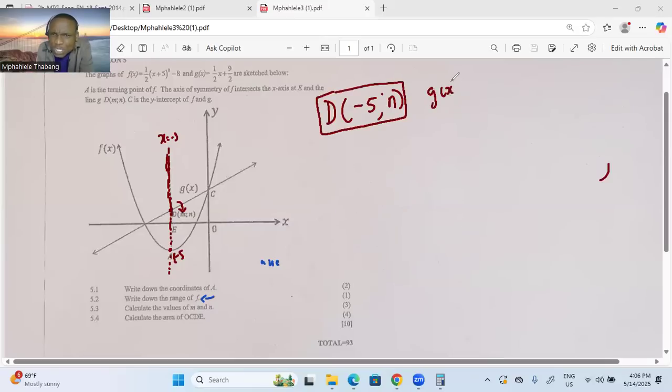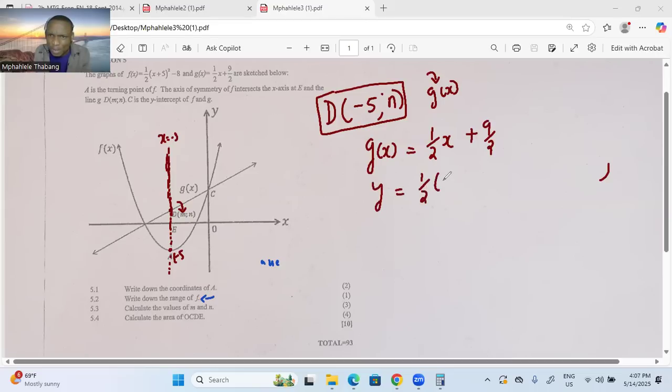So we can use the function g(x) to find the y coordinate, because g(x) passes through D, where x is -5 and y is not yet known. So g(x) equals 1 over 2 x plus 9 over 2, and I'm looking for y, where x is -5.